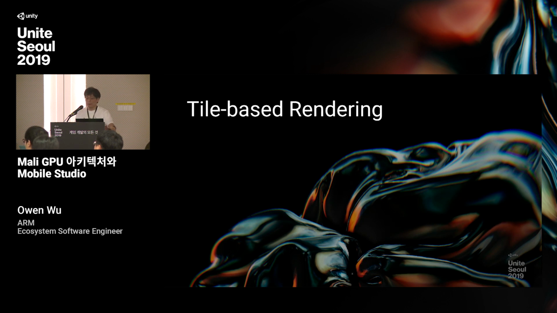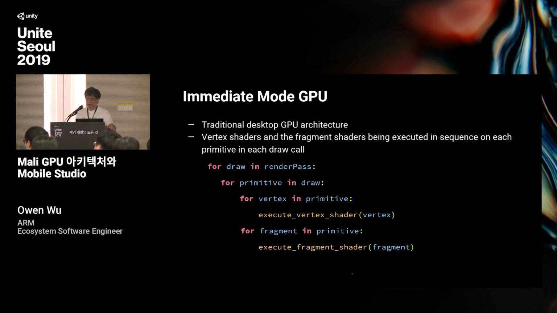Let's look at tile-based rendering. Traditional desktop GPU architecture usually uses immediate rendering mode, which means the vertex shader and the fragment shader are executed in sequence on each primitive in each draw call. Here is the pseudocode for immediate rendering mode, and you can see the fragment shading is right after the vertex shading.